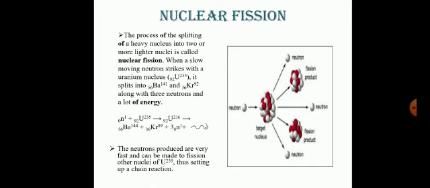The neutrons produced are very fast and can be made to fission another nucleus of uranium-235, thus setting up a chain reaction. From the figure, we can understand the working. When the neutron strikes the target nucleus, we see the 2 fission products and 3 neutrons.